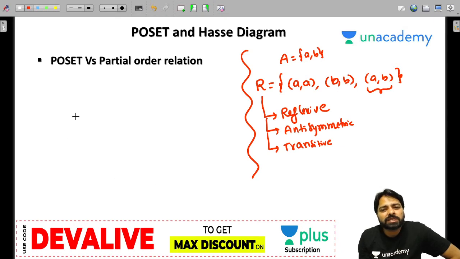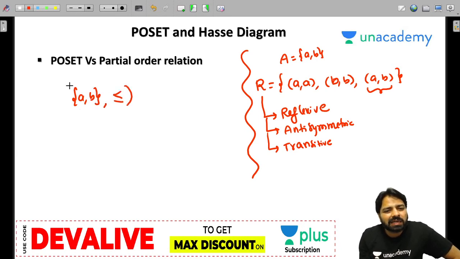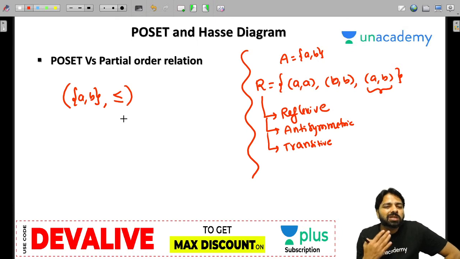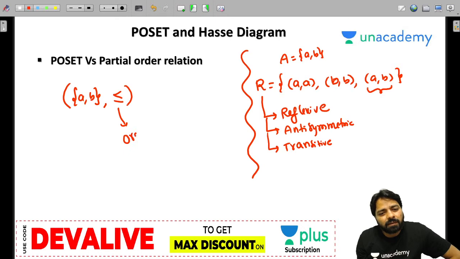This is called a partially ordered relation. But what do we say for poset? Poset we write just like (A, ≤), a set with some ordering. It's enough to represent the entire R. Look, this is a poset, a partially ordered set. Here this is called the order, and these are elements of the set.